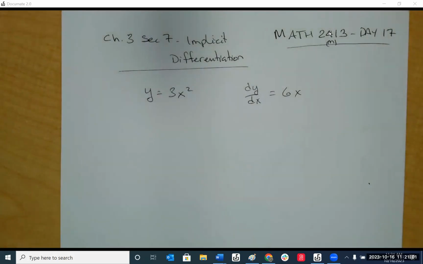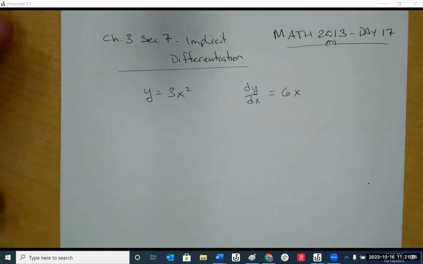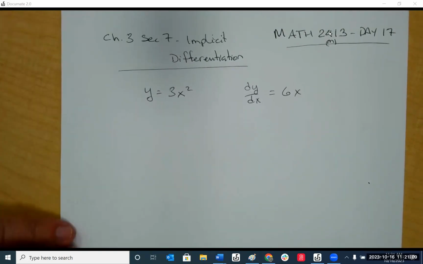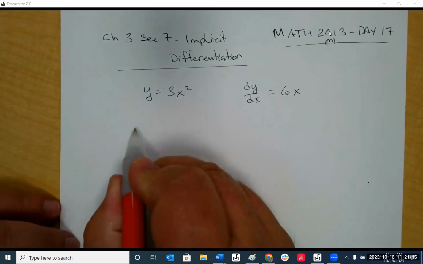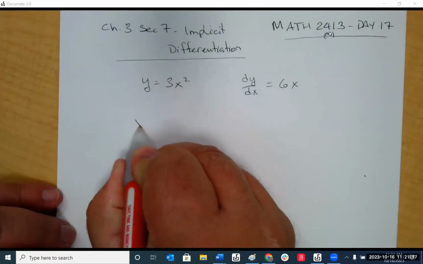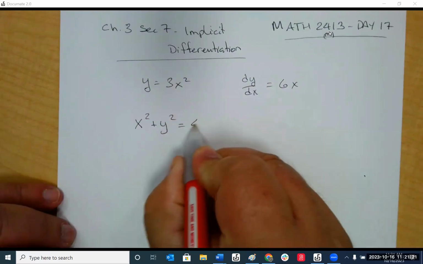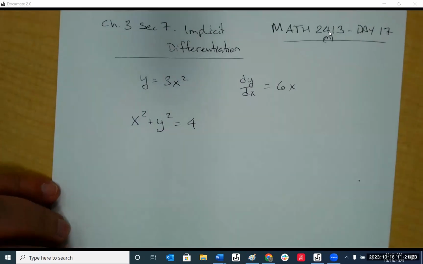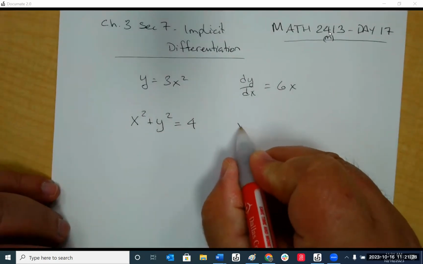That's what we've been doing. But now, what if we had equations like this? That's an example of a circle of radius 2, centered at the origin.